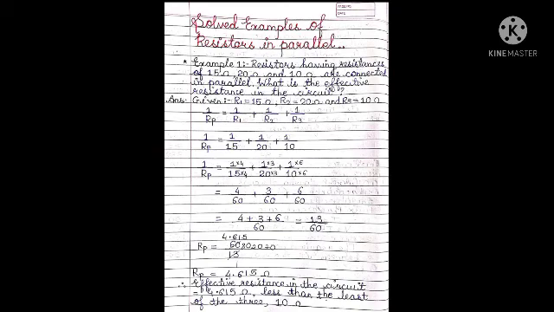So we don't know the value of 1 upon Rp, which is equal to 1 upon R1, given as 15, so 1 upon 15 plus 1 upon 20 plus 1 upon 10. We have substituted the values. Now students, we have to make the denominators the same.